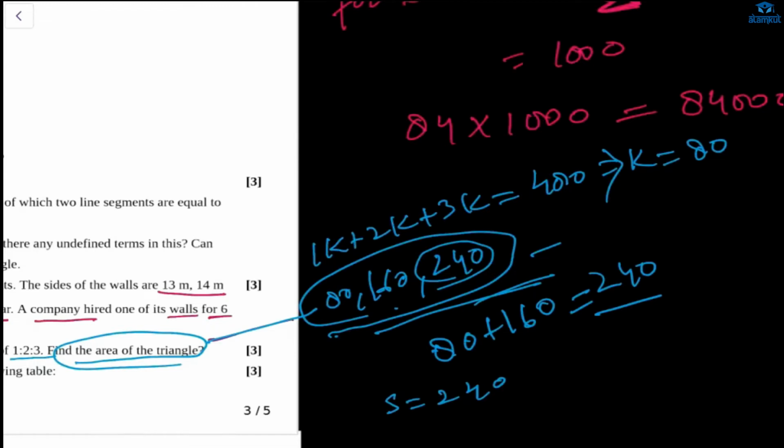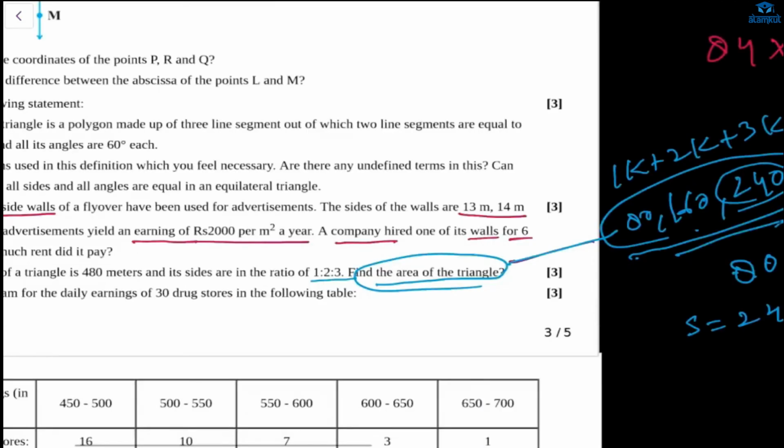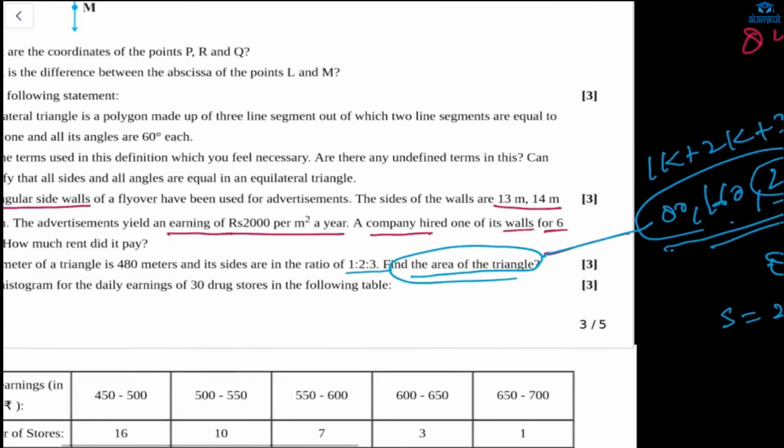But you have to write the whole statement: since the sum of two sides of a triangle is equal to the third side, we cannot form a triangle, and since we cannot form a triangle, we cannot find the area. You have to write the complete, proper statement. That is a theorem that I am mentioning, so you will have to write it completely: from the theorem, the sum of two sides of a triangle should be greater than the third side.